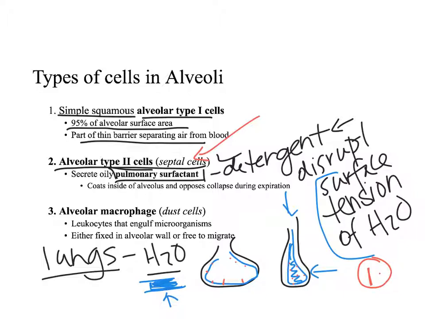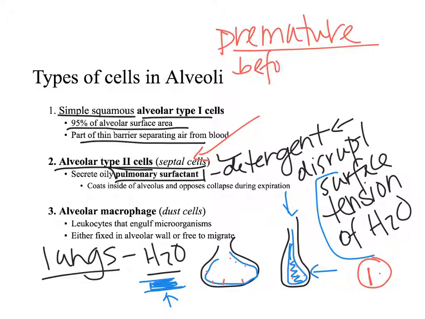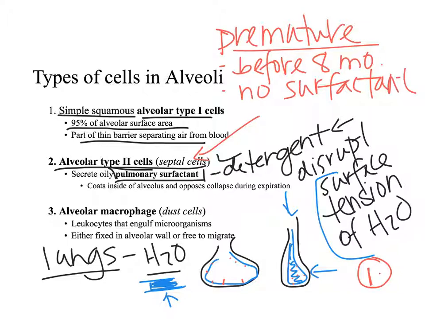Now, sometimes in premature babies, if they're born before 8 months gestation, they are not making surfactant. So every time those babies would breathe, they would have to gasp and blow up the alveoli.